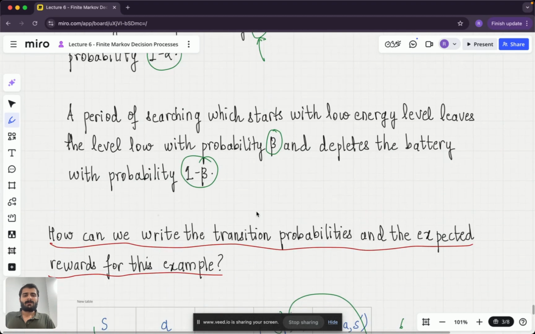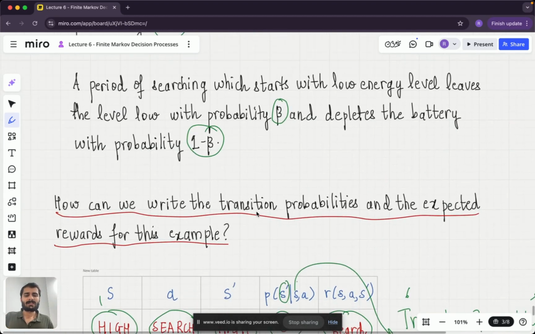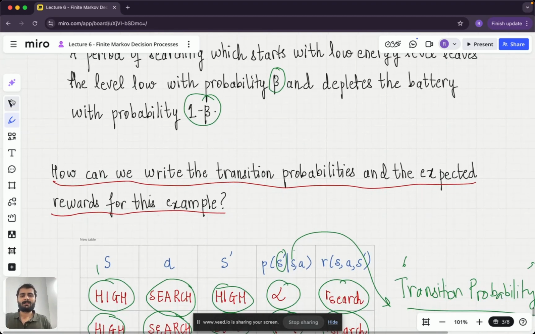Now, we will try to write the transition probabilities and the rewards for this example. So, let me just delete this first. Okay, so here we have 5 different columns. The first column is the state, the current state of the robot. The second column is the action which the robot is taking.